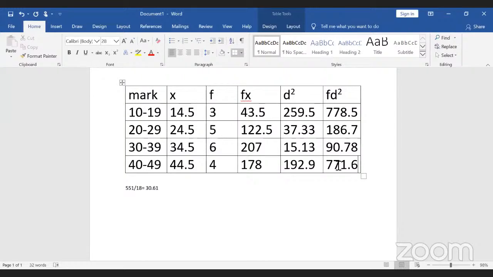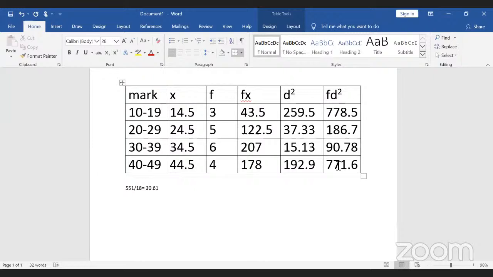Okay, let us proceed. We were in the last class where we had the deviation squared as 192.9. And from that class, we had 4 students. So we get total deviation, that is the number of students times D squared, as 771.6. Now remember, we said that variance will be the average of these deviations.